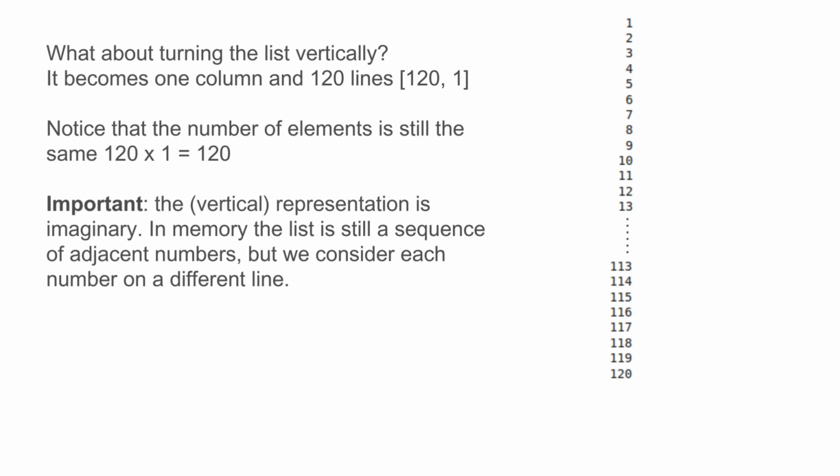Now, keep this in mind, this vertical representation is purely conceptual. In reality, the numbers are still stored sequentially in memory. We just interpret them differently by treating each number as if it were on a separate line. This idea of reshaping tensors is a powerful concept in deep learning, and it plays a big role in how data moves through neural networks.